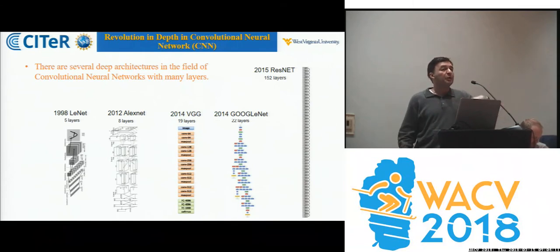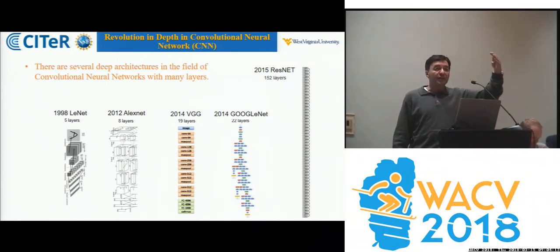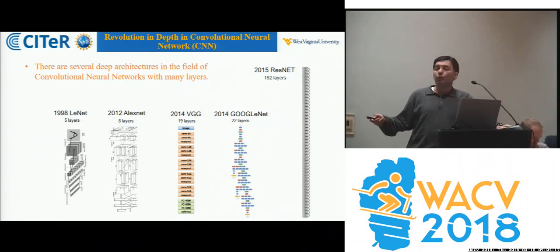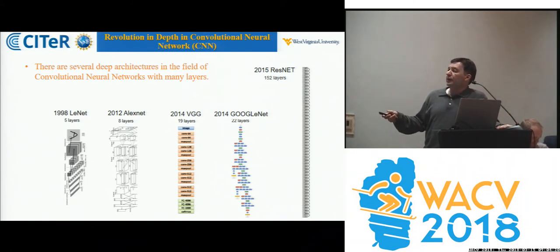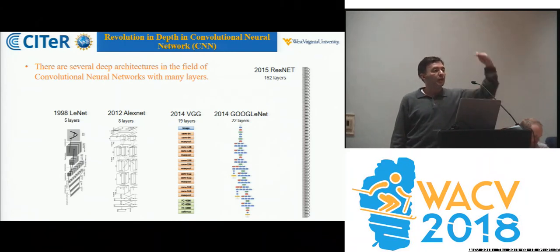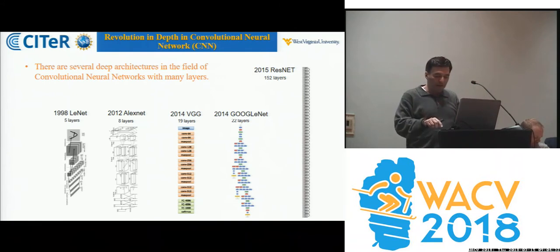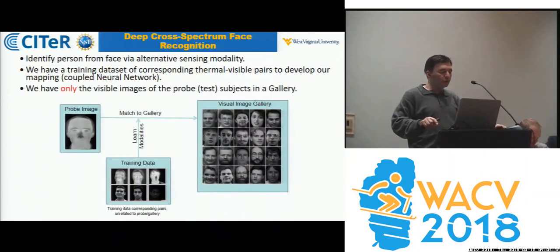Things picked up and people started to increase the number of layers, and as you can see, the one which also won the ImageNet competition in 2015, ResNet, has 152 convolutional layers and a couple of fully connected layers. And deep learning resonated, and people are now using deep learning for many applications.